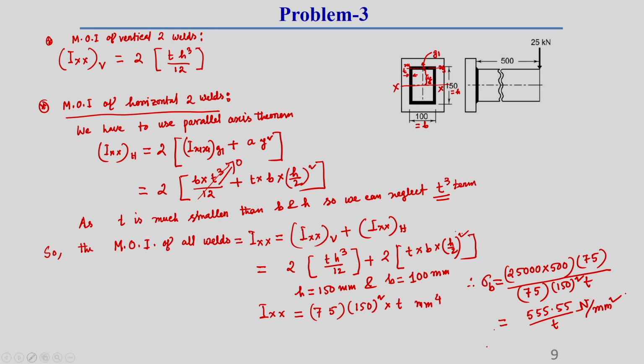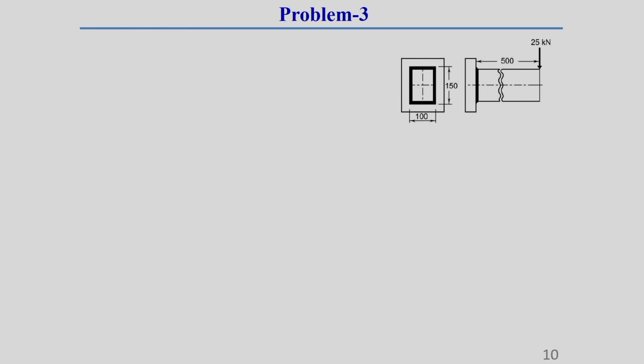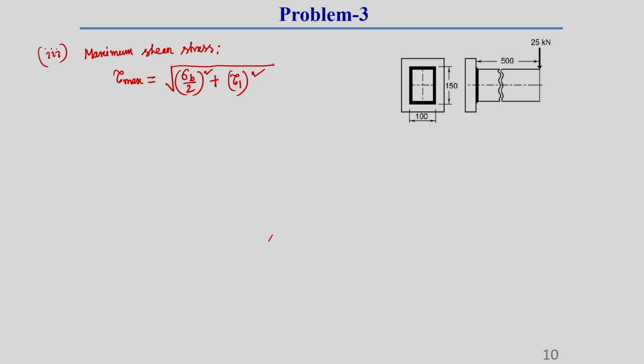Now, we will use the third step. So, the third step is to find out the maximum shear stress. Maximum shear stress is very well known to you, how to find it. Tau max equal to generally the square root of sigma b by 2 whole square plus tau 1 square.